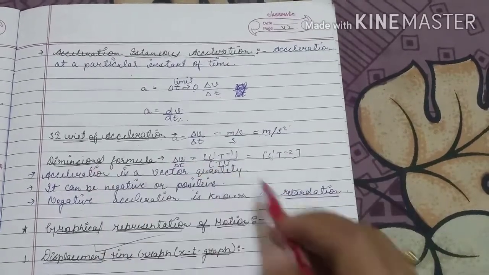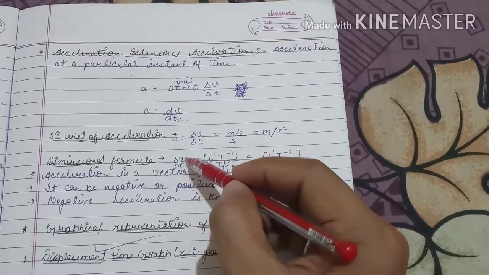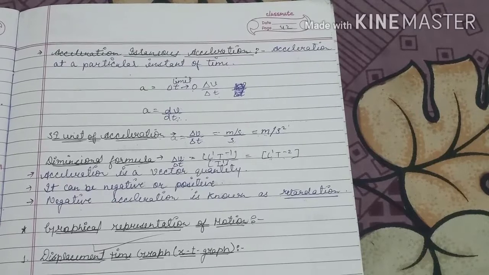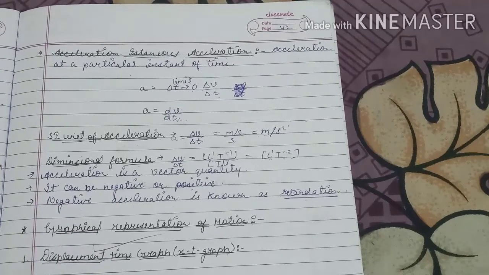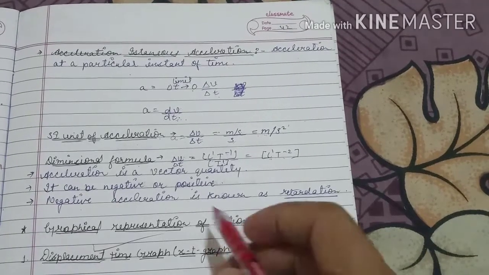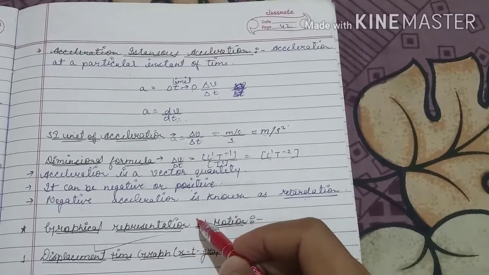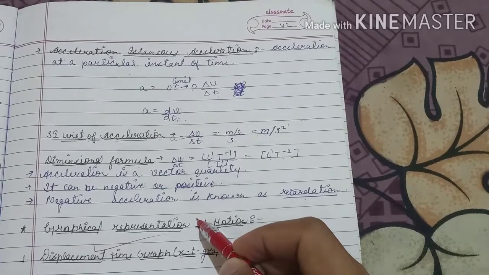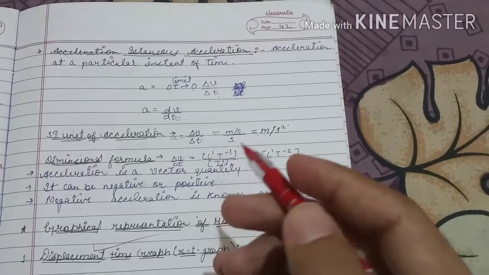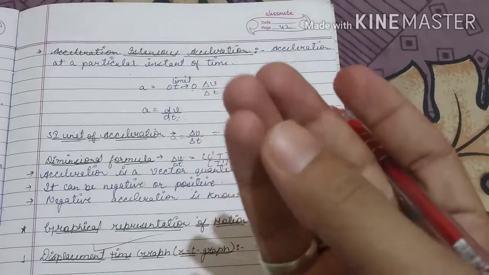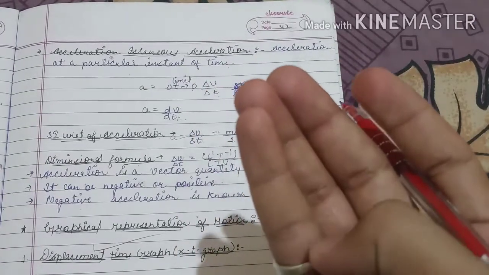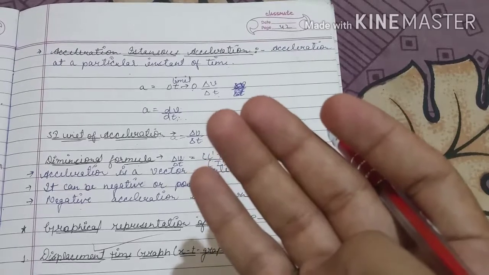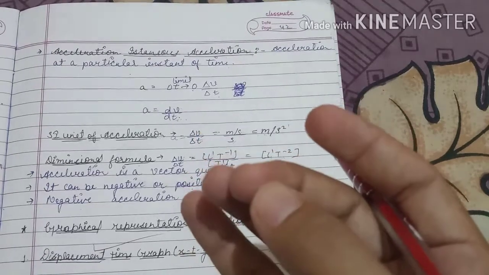Then we have the dimensional formula. Dimensional formula means the representation of any physical quantity in terms of fundamental physical quantities. Fundamental physical quantities are length, mass, time, electric current, temperature, light intensity, and amount of substance.